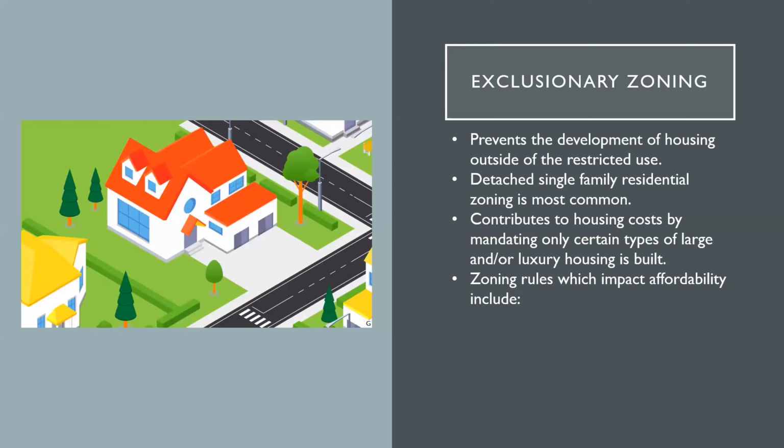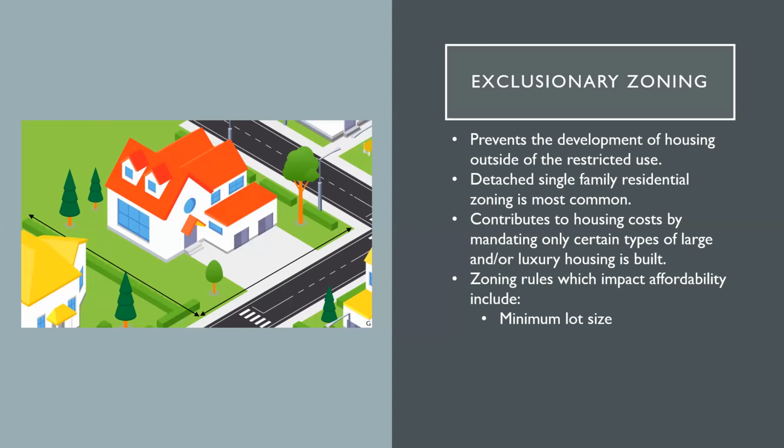That brings us to today, where the majority of American cities engage in exclusionary zoning, which heavily favors detached single-family housing. It makes other types of housing illegal in areas zoned exclusively for single-family residential. Beyond the illegality of other forms of housing, various zoning laws also impact affordability.